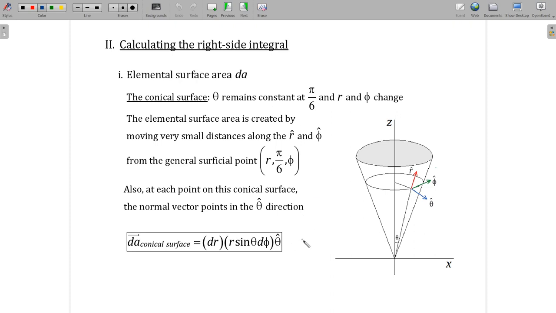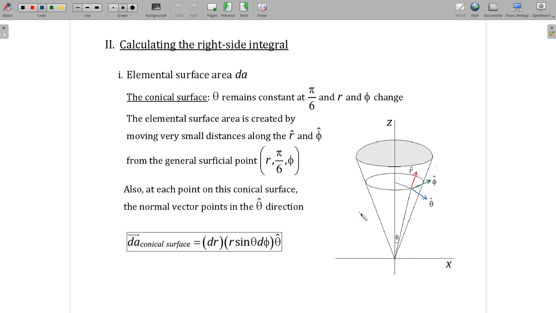Multiplying that, it will be an infinitely small rectangular patch on the surface of the cone, and its dimensions are dr and r sine theta d phi. And one more thing which is different from the elemental volume is that this surface area must also have a direction, because it's a vector area.